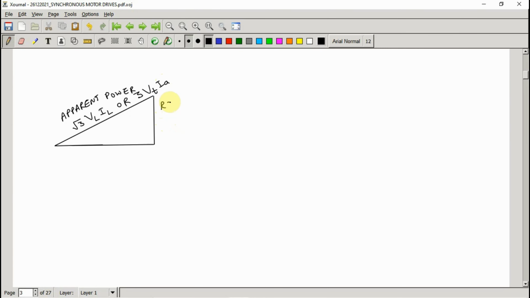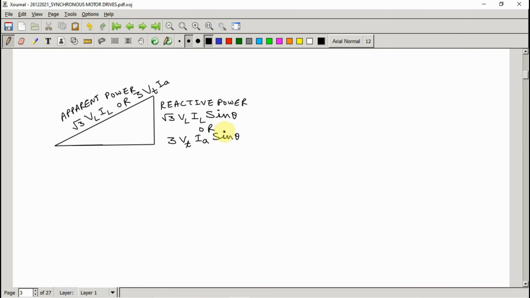This one is your reactive power, and it is given by root 3 VL IL into sin theta, or this can also be written as 3 VT into IA into sin theta.